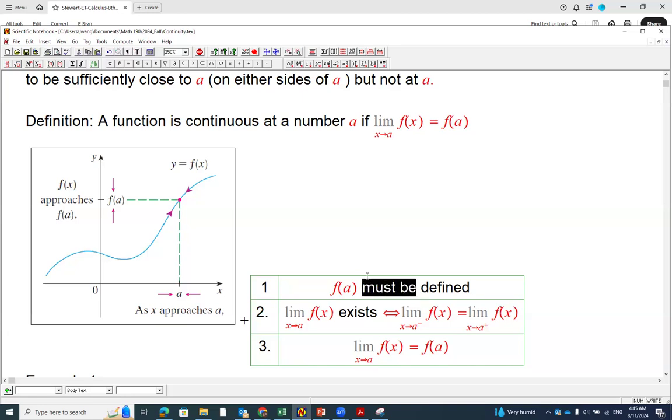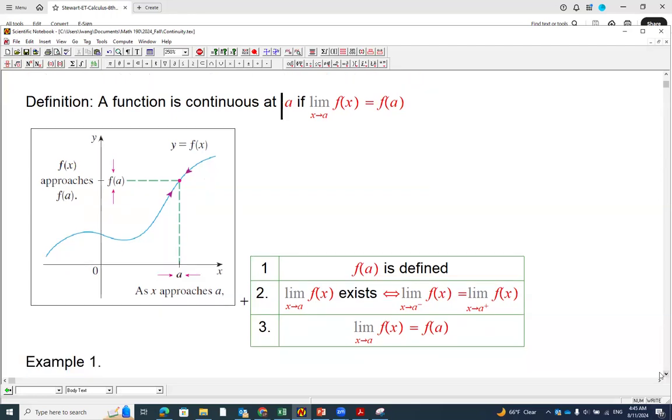So the definition of a continuous function at a point actually has a stronger requirement, and there are three requirements.